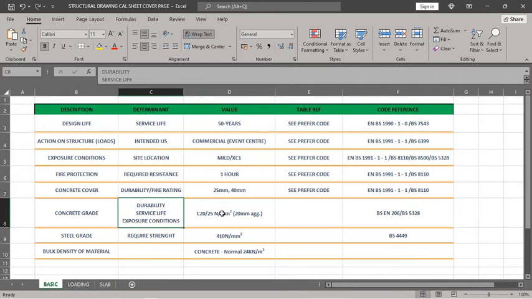All these are what determine the concrete grade that you are supposed to specify. But it's sad that we don't consider these three factors in our design. We just ignore all this information and just assume, I'm using this concrete, I'm using this concrete.